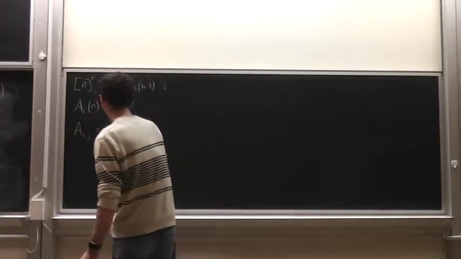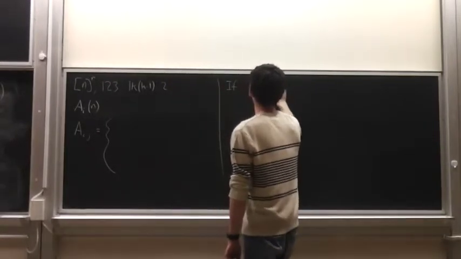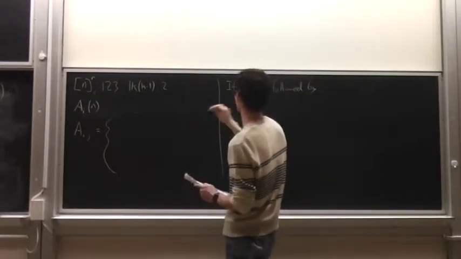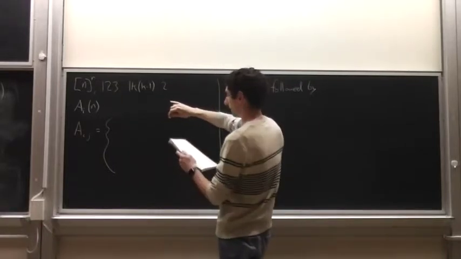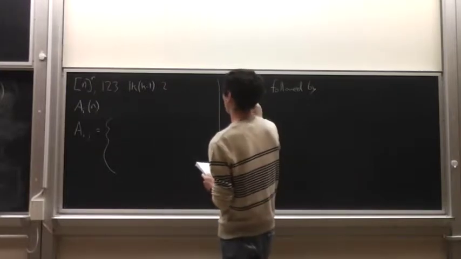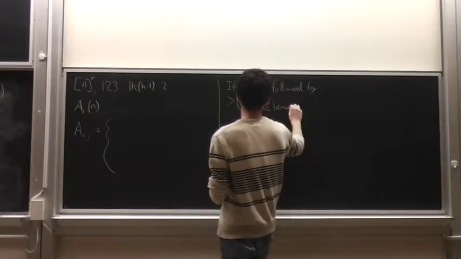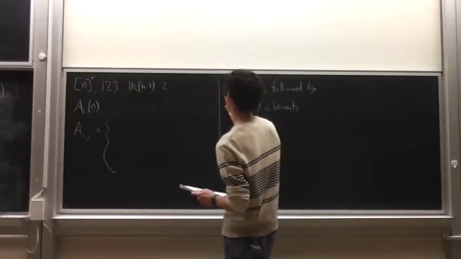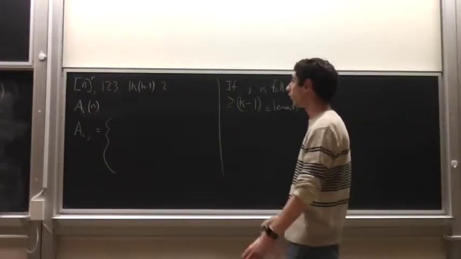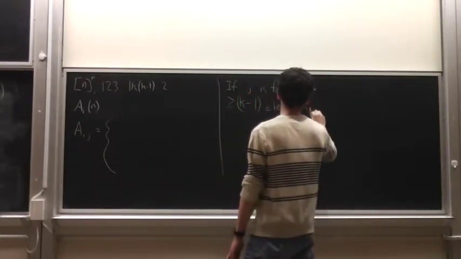so if j, let me move over here, we'll fill that in later. If j is followed by more than k minus 1 elements, well then either they're all going to have to be in decreasing order, and so I'm going to have elements greater than itself.